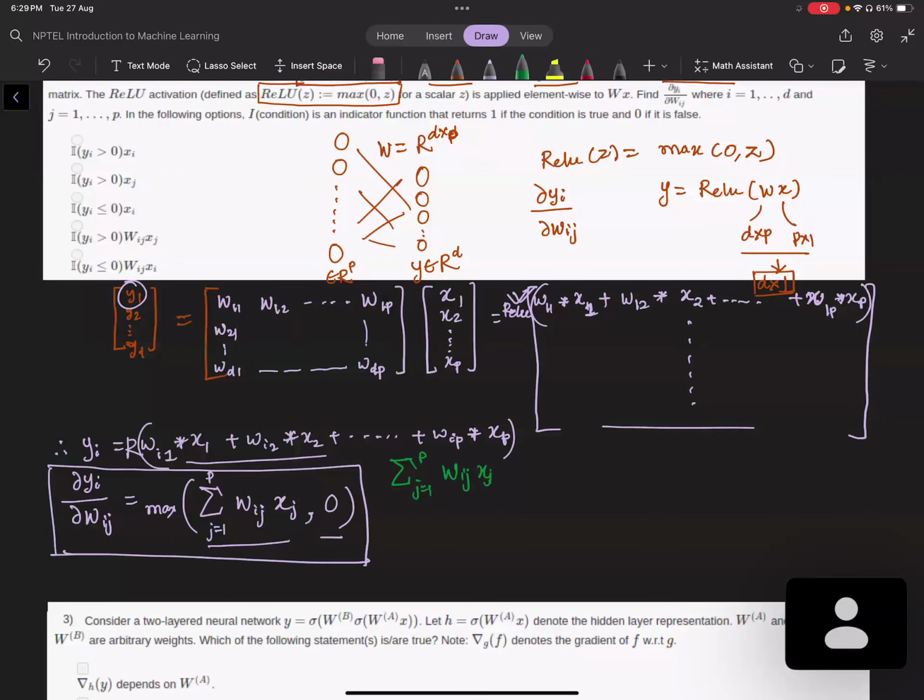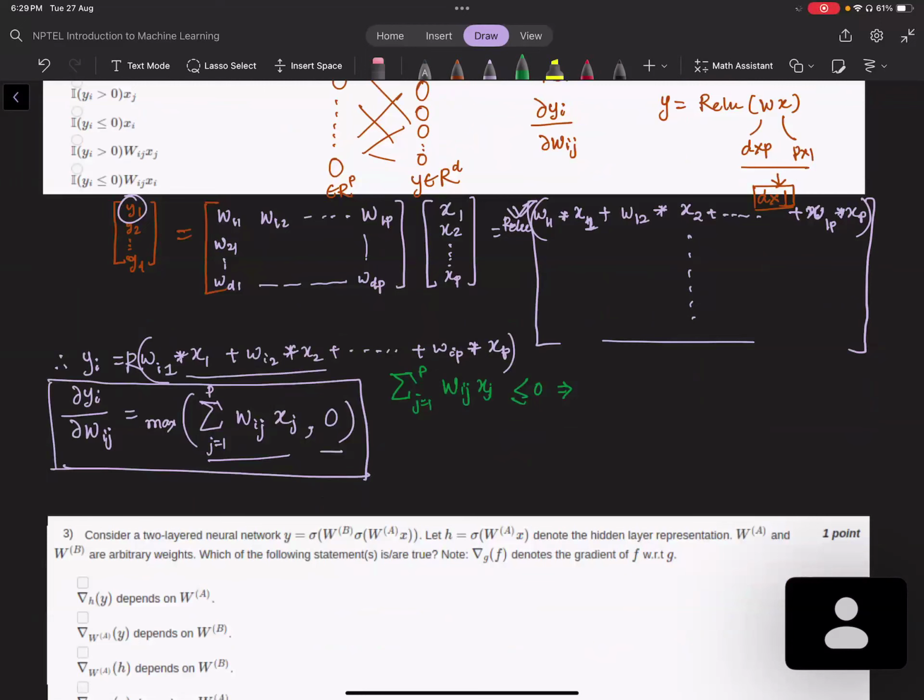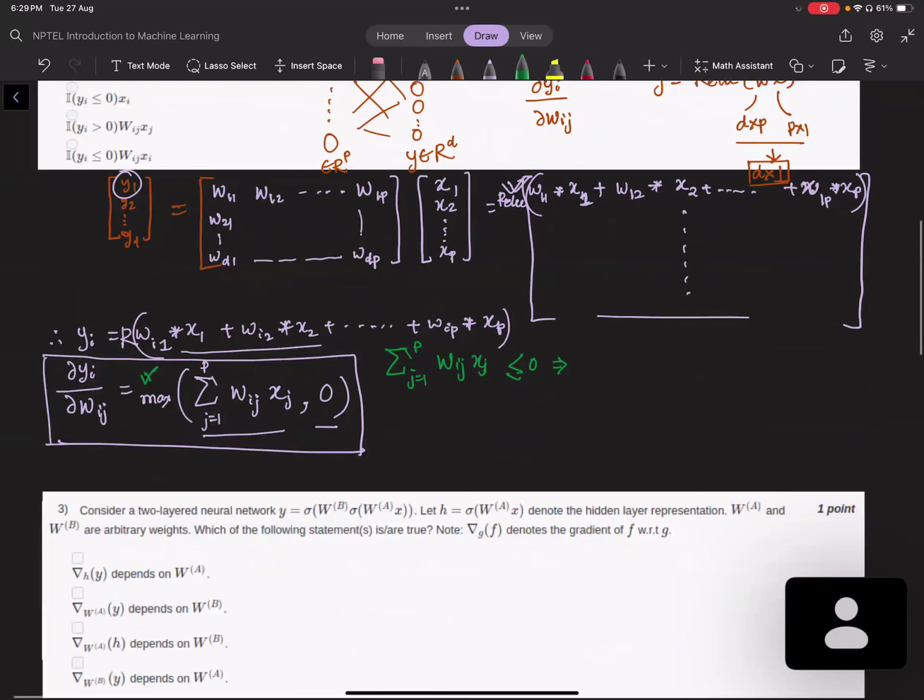If this is less than or equal to 0, then... these are functions of interest. When you have a function of interest where the function is not continuous, so not differentiable, it's piecewise differentiable.